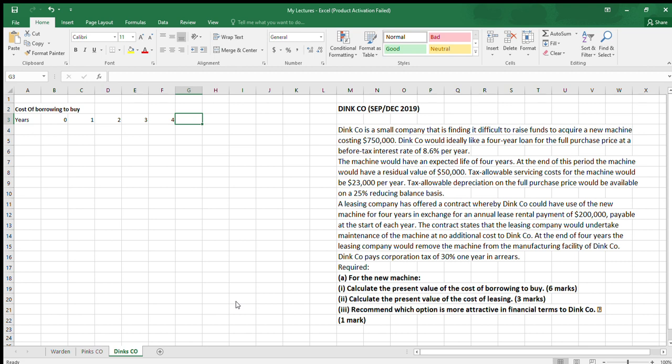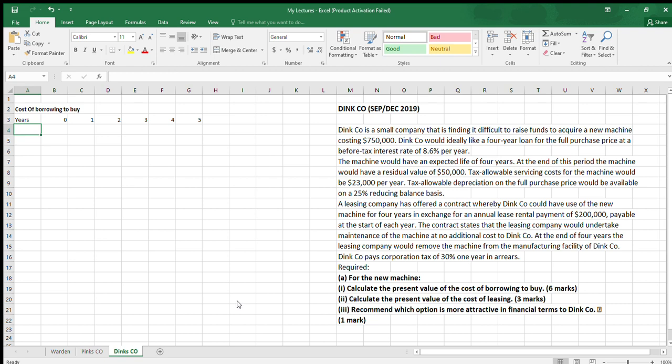So yeah, it is having an expected life of 4 years, but you have to add an extra year in case there's any information that will require you to input a figure in year 5. So you just bring year 5 also.